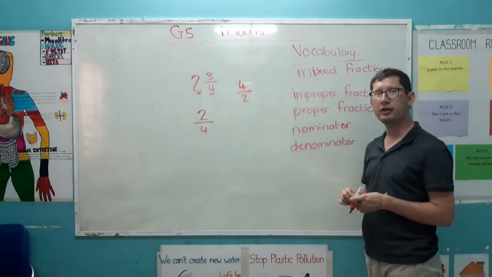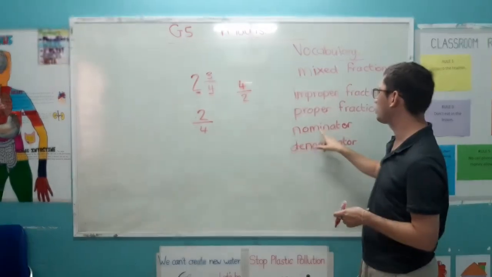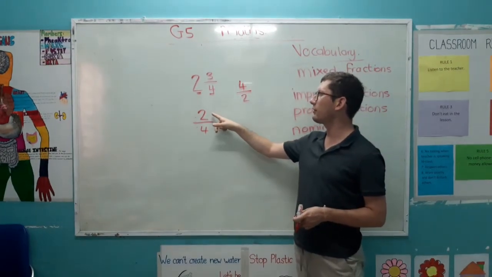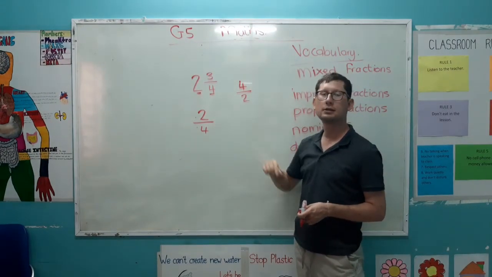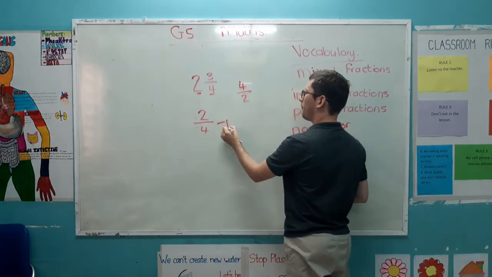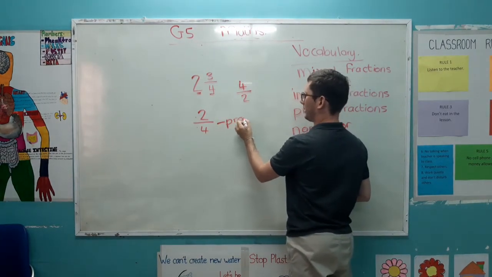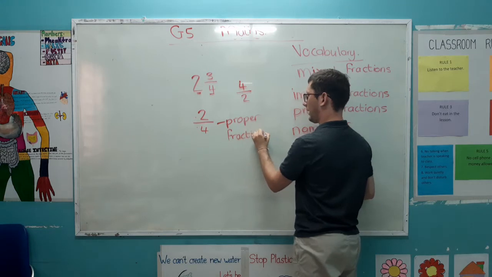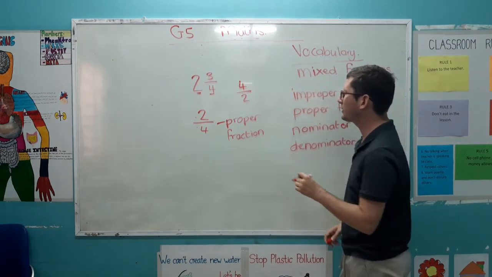And in the previous lesson we studied the numerator and denominator. The numerator is the one that is normally on top of the denominator. So this would be a proper fraction. Okay, that would be a proper fraction.